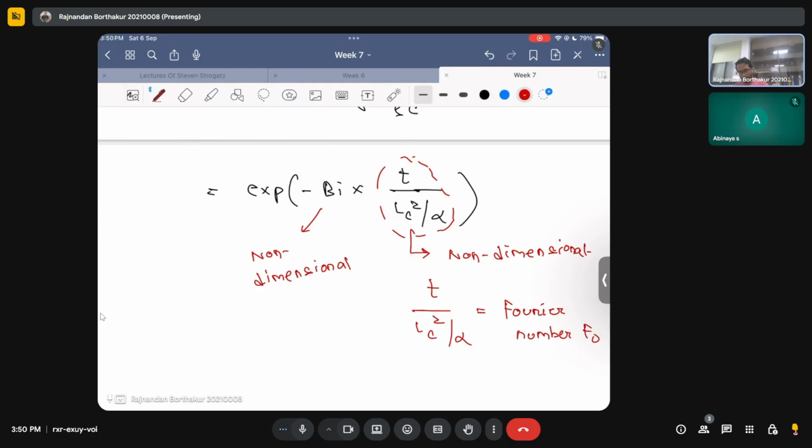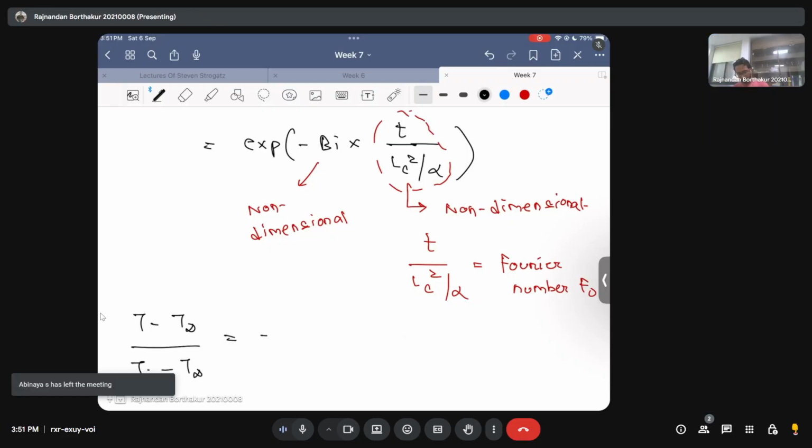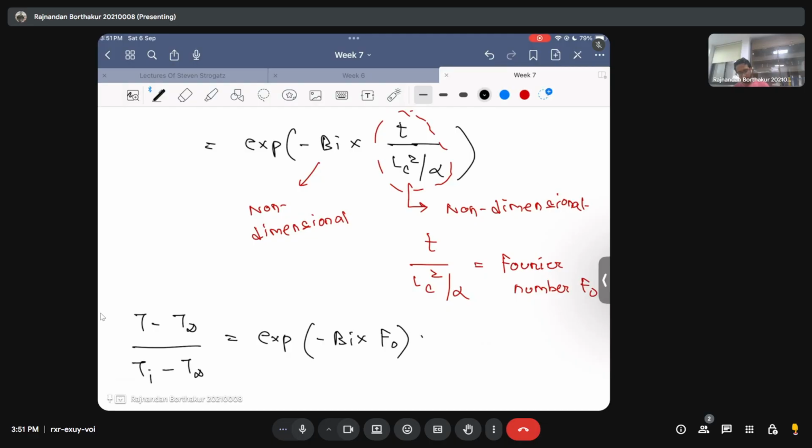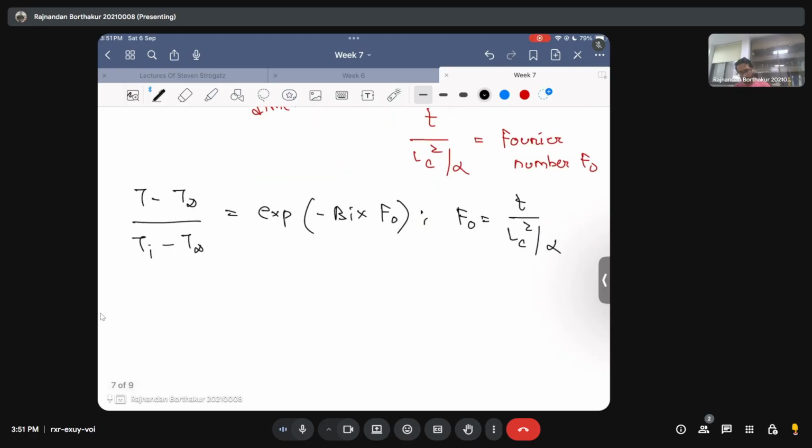So in principle we can write this temperature profile as T minus T infinity by Ti minus T infinity as exponent of minus Biot number times the Fourier number. We generally call it Fo, where this Fourier number is equal to T by LC squared by alpha, and it denotes two time scales.